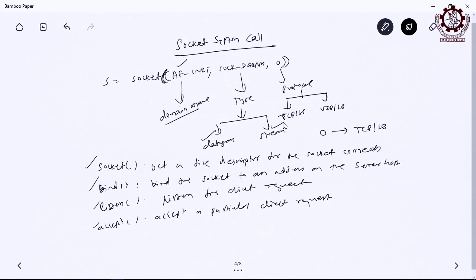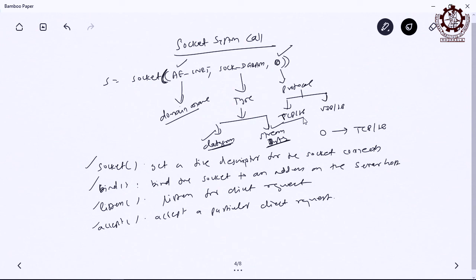And datagram means connectionless, you can send the data in the form of packets. In stream communication we send several bytes of data, but here we send several packets. So, connectionless, and the third indicates a protocol name, and if you write 0 here, by default it is TCP/IP.